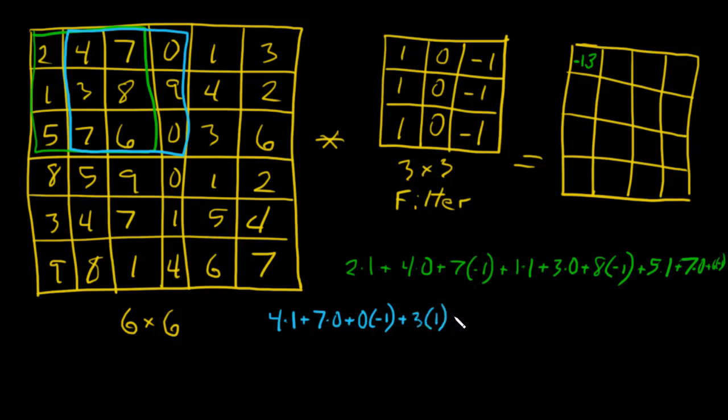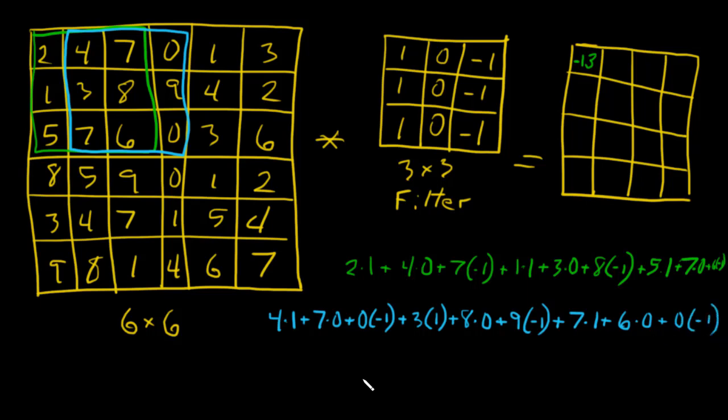I guess I can do it like that. Plus 8 times 0. God, it's hard to do. Plus 9 times negative 1. And then plus 7 times 1. Plus 6 times 0. And then plus 0 times negative 1.